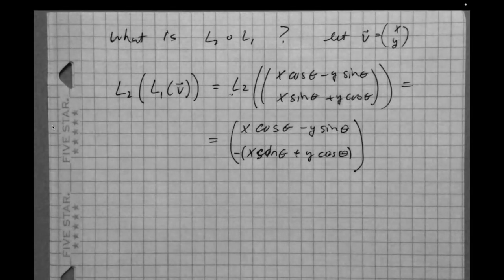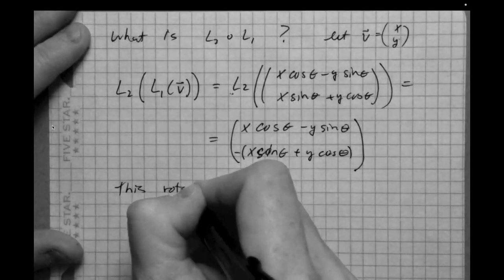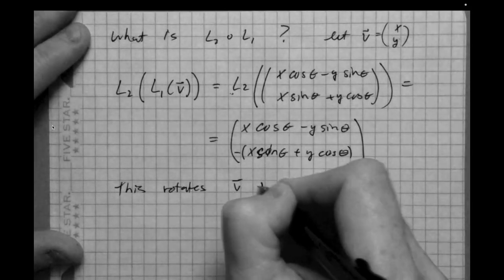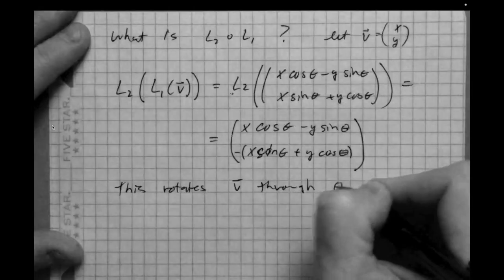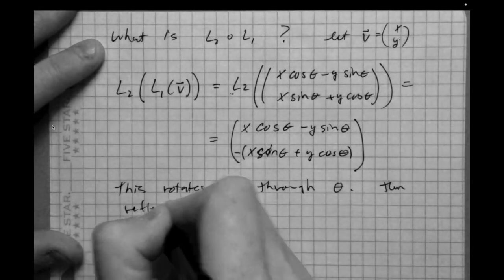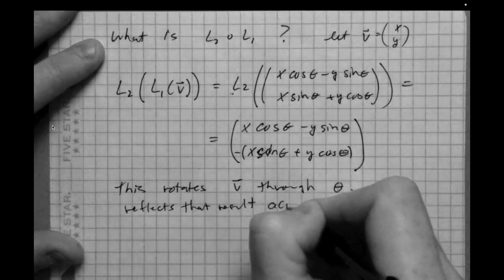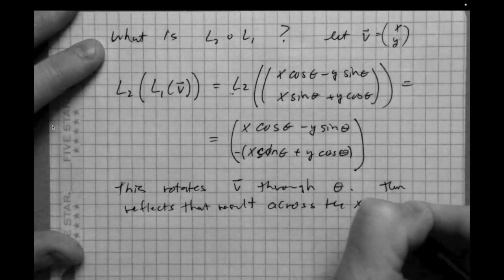Right? So what does this do? Well, it basically rotates v through whatever angle theta it happens to be, and then it reflects the result across the x-axis. Okay, so this rotates v through theta, then reflects that result across the x-axis in this case.